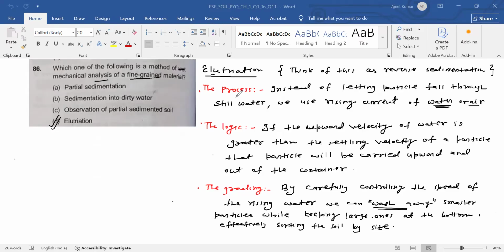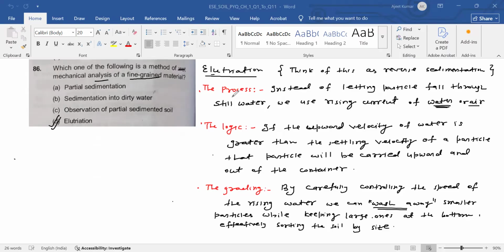This is all about elutriation. There are many methods of wet mechanical analysis of fine grained soil.